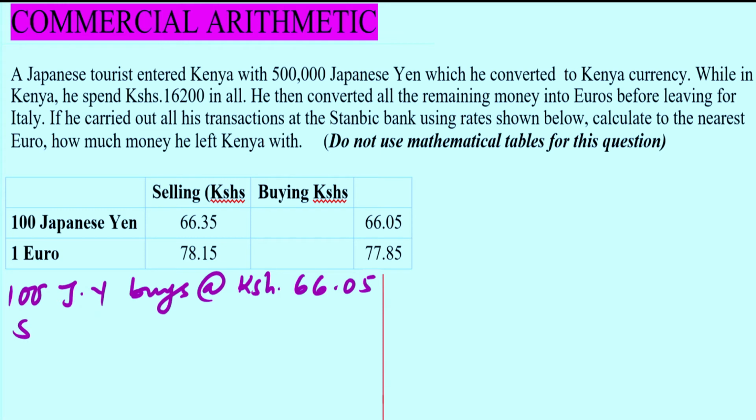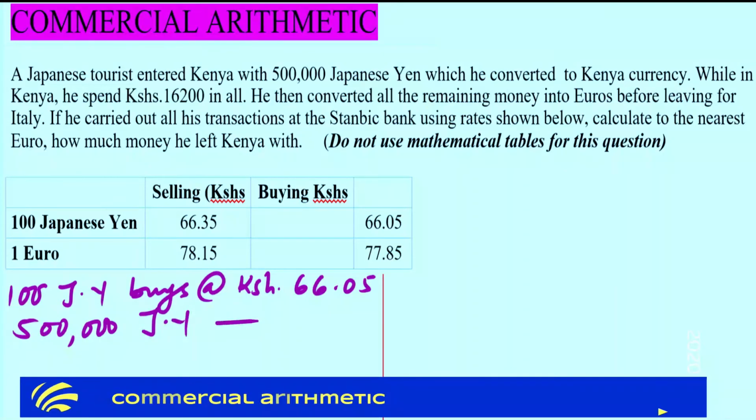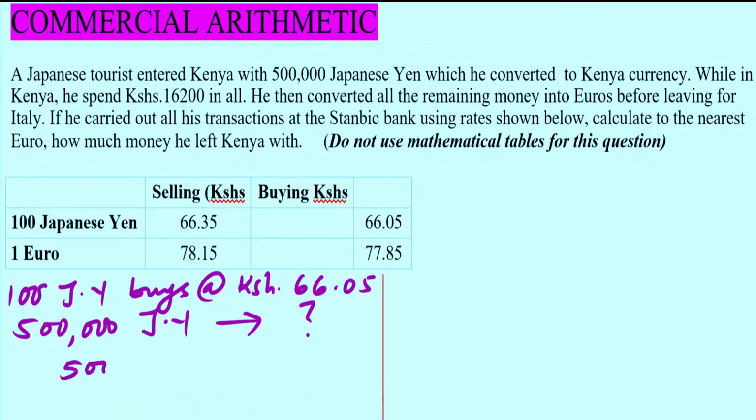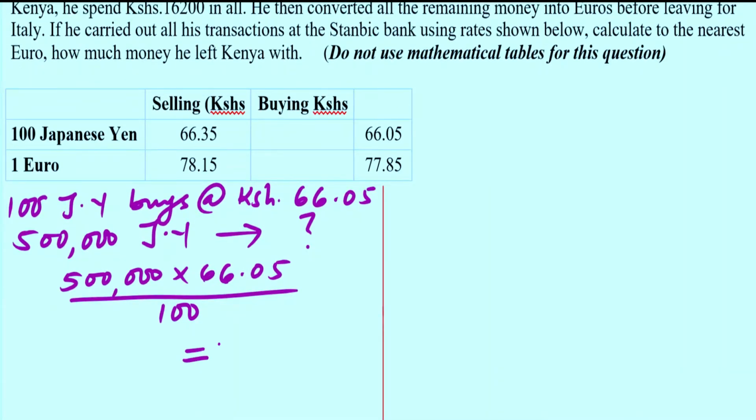So what about 500,000 Japanese yen? We multiply 500,000 by 66.05, everything divided by 100. This gives Kenyan shillings, using the calculator, 330,250. This is the amount after converting Japanese yen.